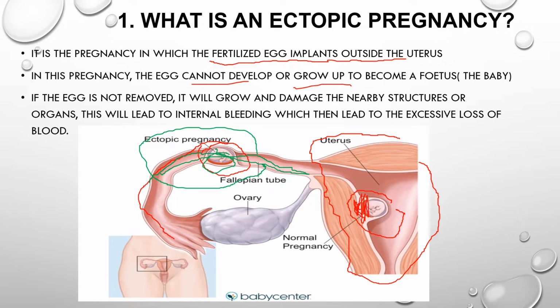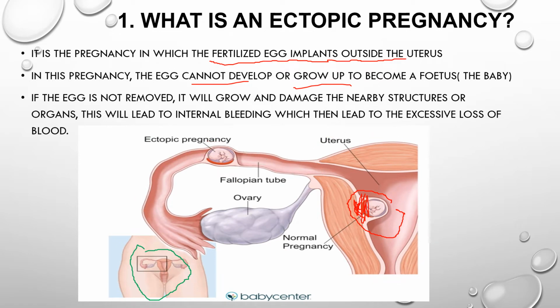It will be damaged and it will rupture. And when it ruptures, there will be blood bleeding inside the woman. And when this blood is bleeding, there will be blood loss in the body. It will lead to complications that we know as anemia, and a person can end up dying due to this complication.